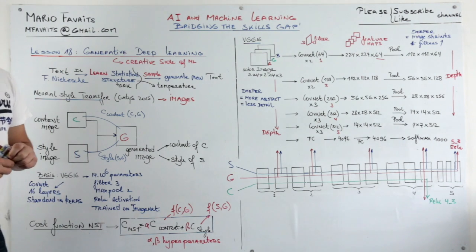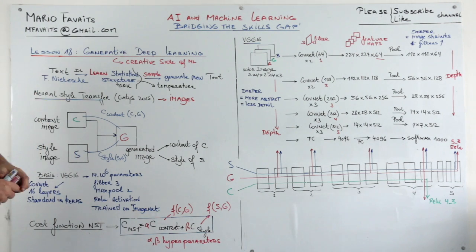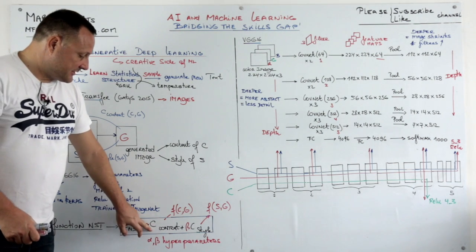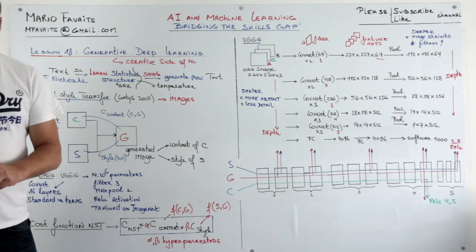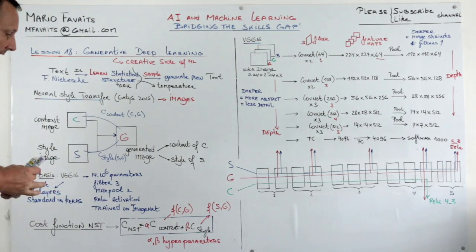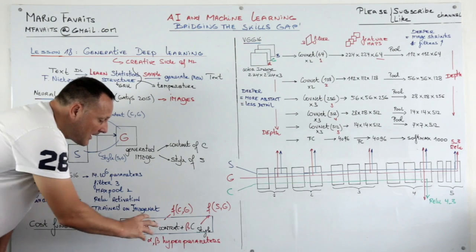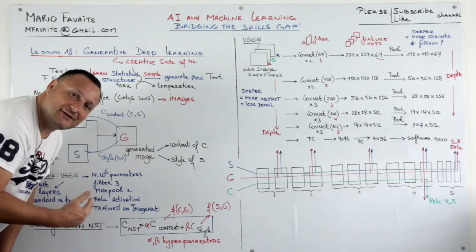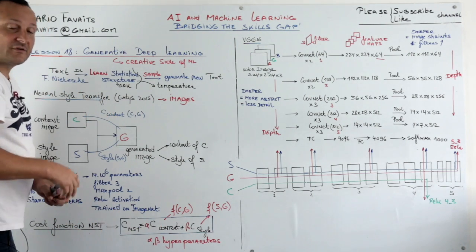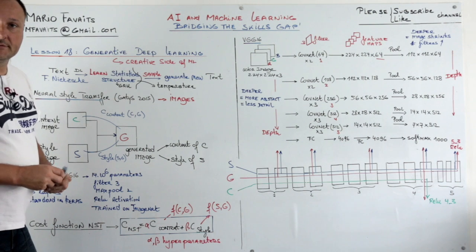The cost function of neural style transfer is the cost function of the content plus the cost function of the style. And here we also define two hyperparameters, allowing you to change the relative importance of both style and content.